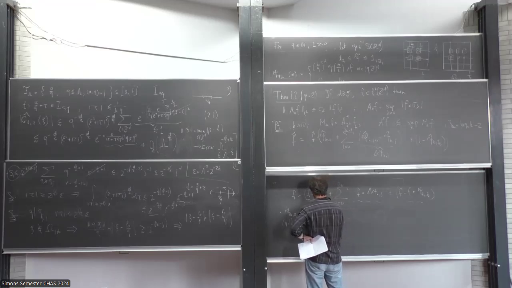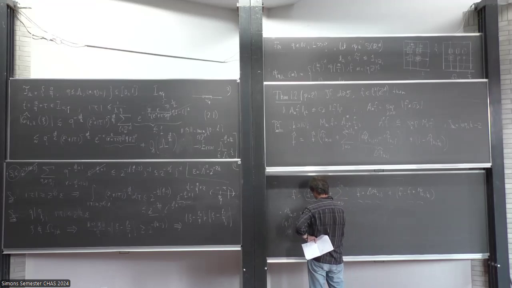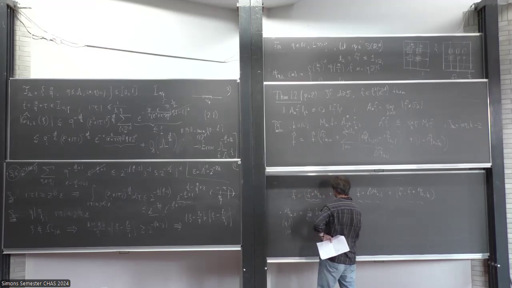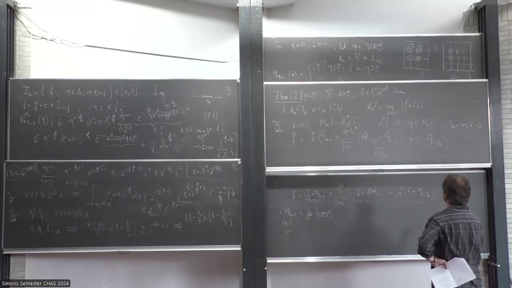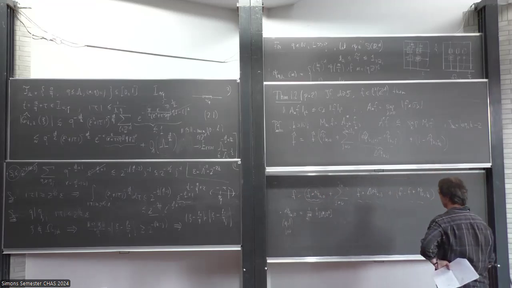L is 2 to the k because j equals 0, so L is 2 to the k minus j, which is 2 to the k. So it's just the normalized characteristic function of the cube of size 2 to the k, corresponding in the definition to when L is 2 to the k and q is 1.